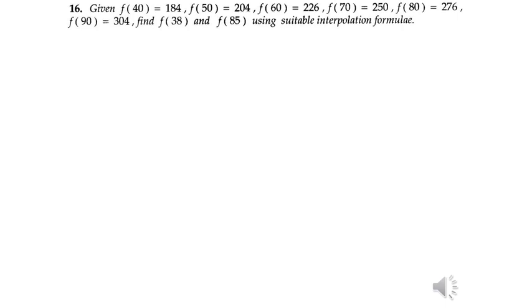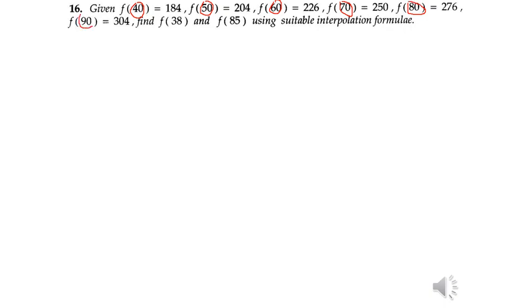Let us see one more problem on interpolation. In this problem, they have given the values of x and y. These are the values of x: 60, 70, 80, and 90.